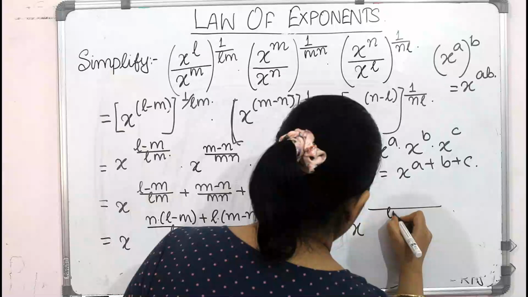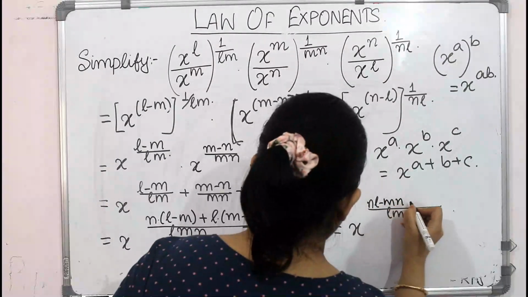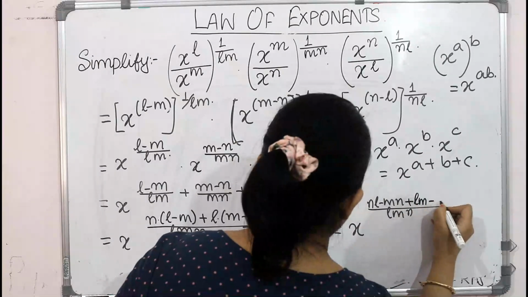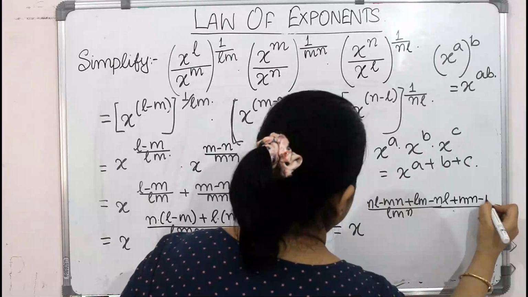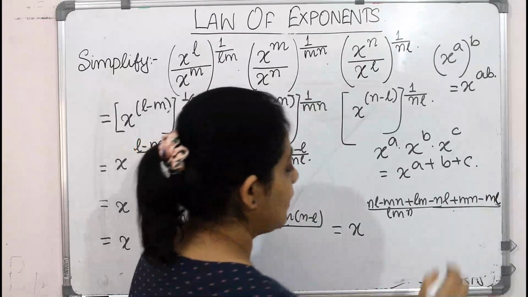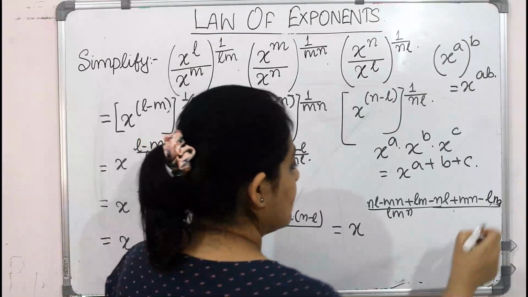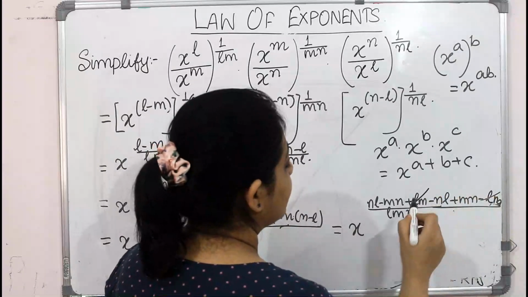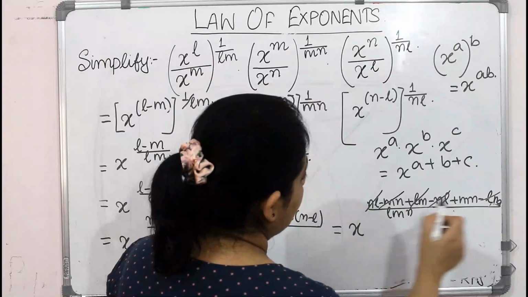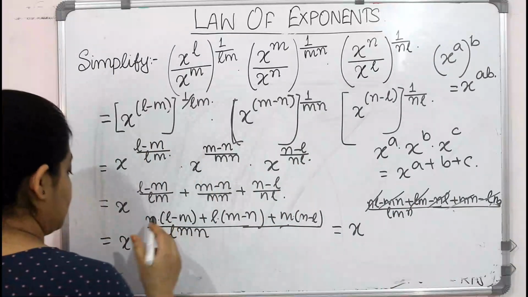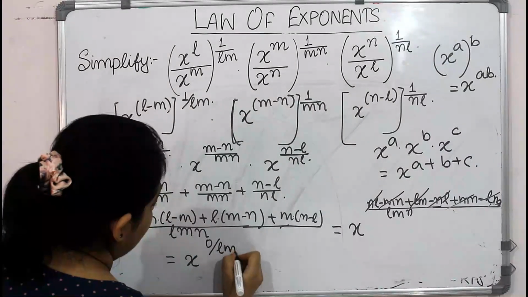So this is lmn minus mn plus lm minus nl plus mn minus ml. So ml or lm, sorry, lm also you can write mn, both of them are same. So this positive and negative will get cancelled. Here also positive and negative will get cancelled. Here also positive and negative will get cancelled. So you are getting x to the power of 0 by lmn.